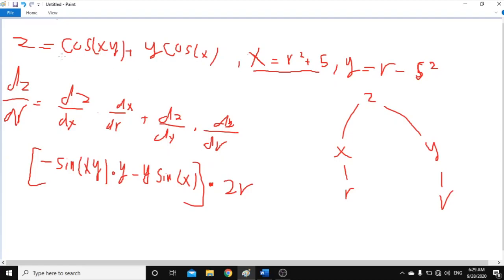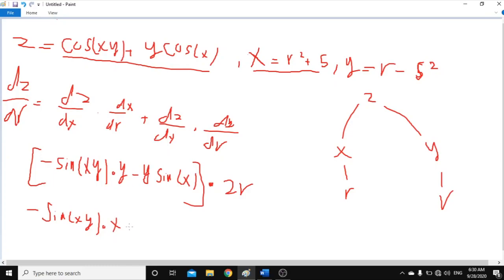Let's take from the original equation the partial derivative with respect to y. The partial derivative with respect to y is negative sine of x times y times x. Here I took it with respect to y, the derivative of y is 1. What's left is the x from the inside function.